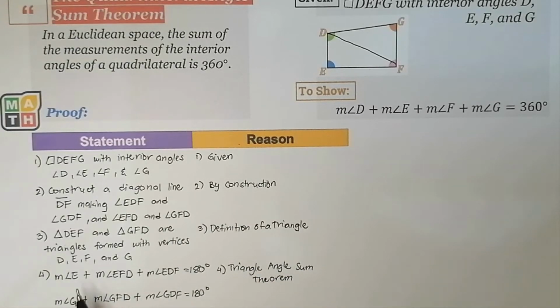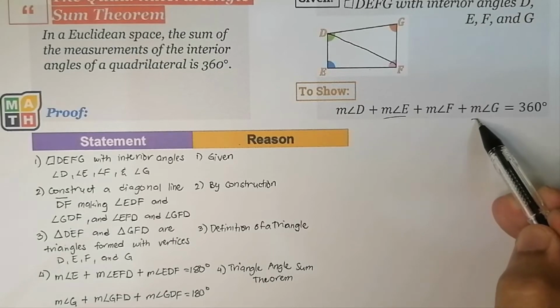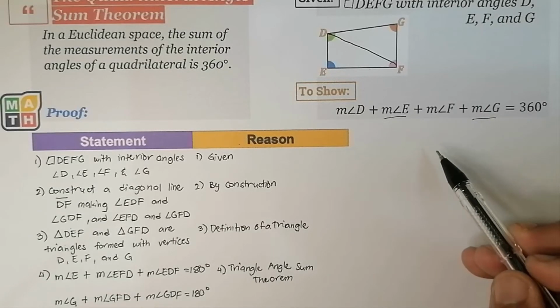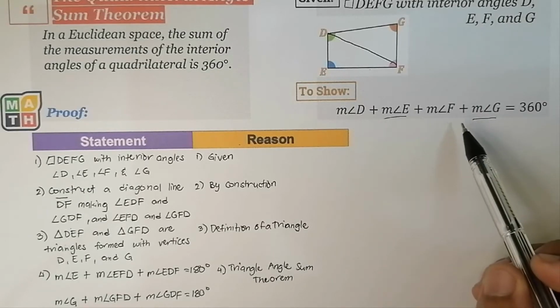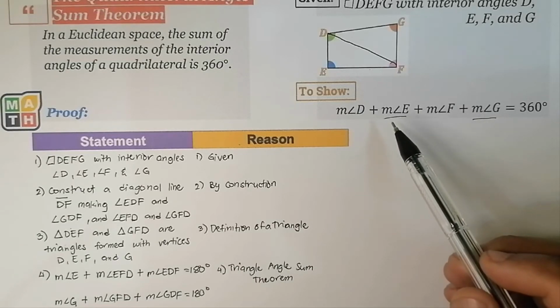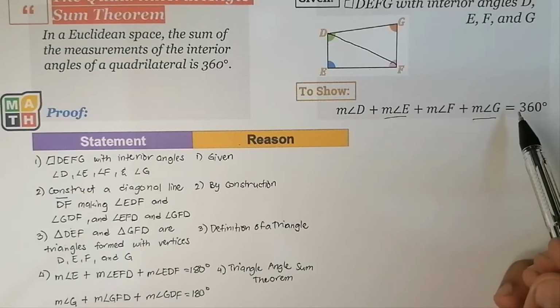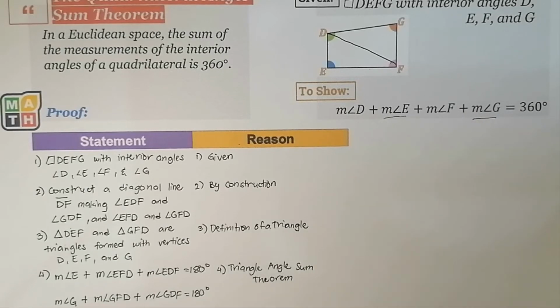Looking at our equations here, we already have angle G. We already have angle E. We also have angle G. That would mean this is already okay, and that's already okay here. But where is now angle D and angle F? We need to know where they are so that we could also get their measurements and probably relate it later on to this situation.